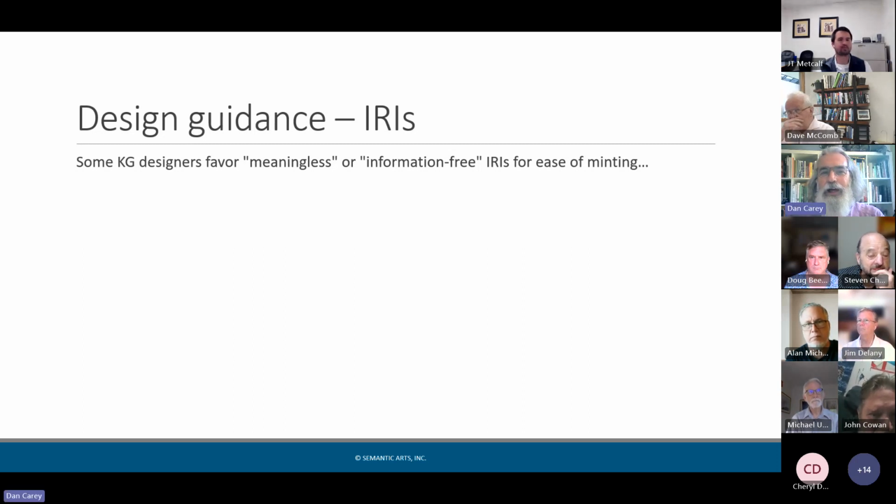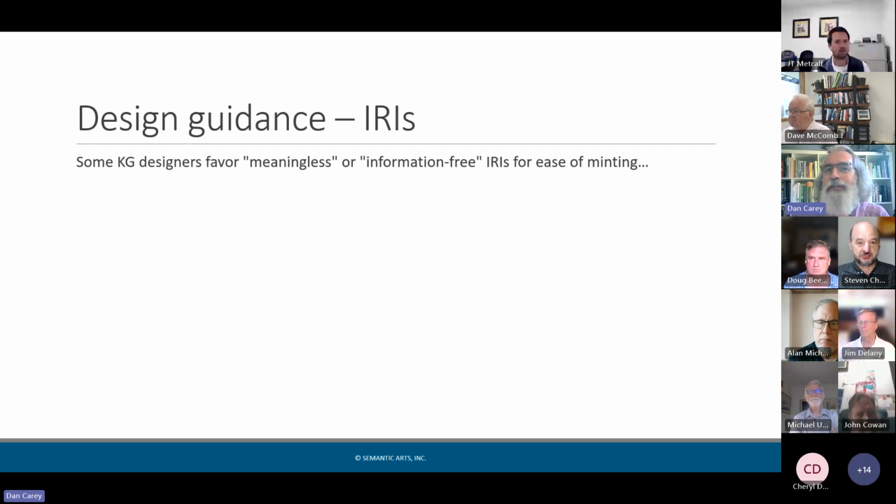The design guidance around IRIs: I mentioned that we wanted to have informational IRIs, something that tells you something. Some knowledge graph designers favor meaningless, information-free or anonymous IRIs because they're easy to mint.